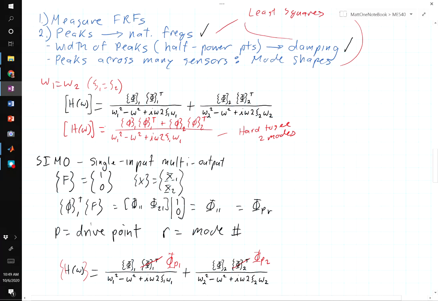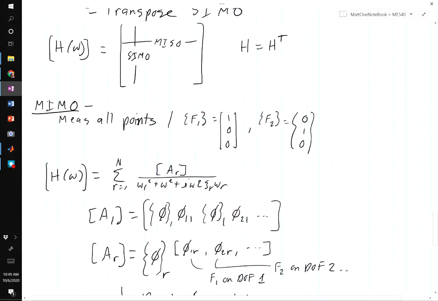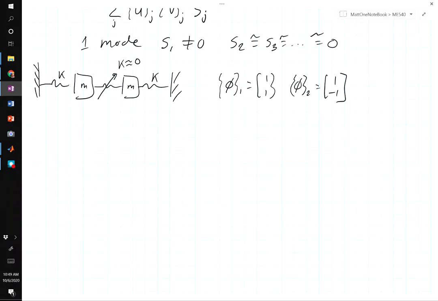So here's our expression for the transfer function. Well, if we take just the numerator of that term, so let's just say h of omega the vector, and this is in the SIMO case, that h of omega vector, in this case, we'll have 1, 1 times 1, the same vector transpose times the force.